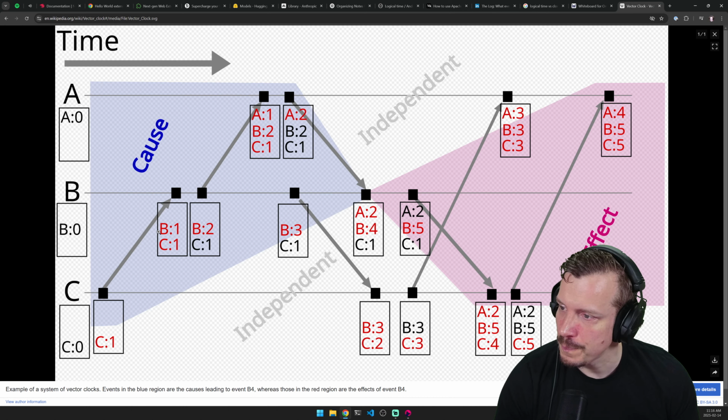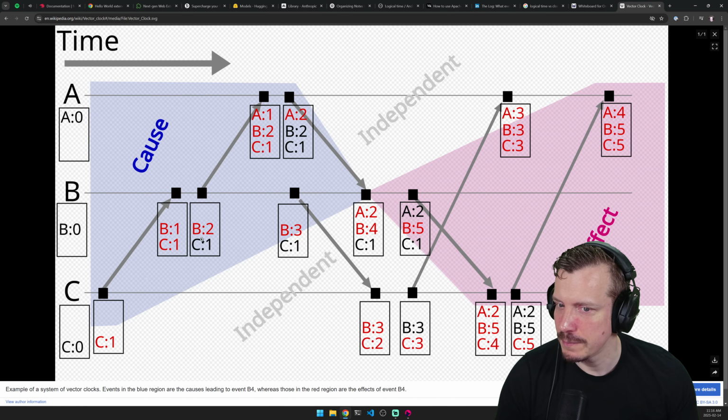C1, okay. It communicates to B, so it gets a B1 and a C1. And then the act of communicating increments B2, you have B and C. And then receiving the message increments A, so you have A1, B2, C1.